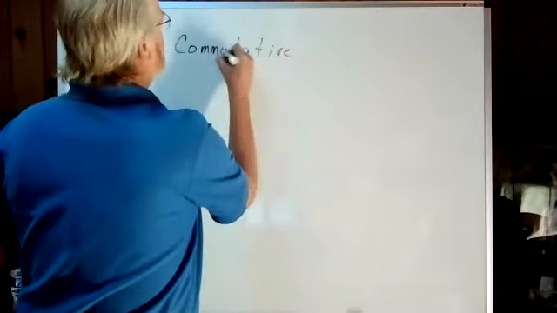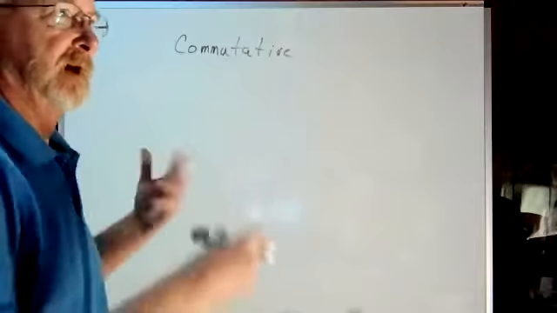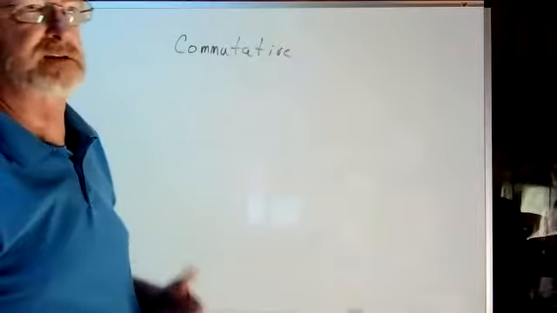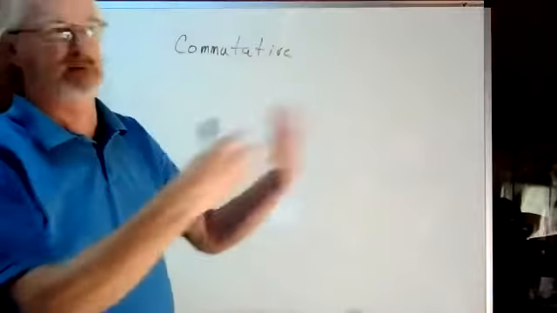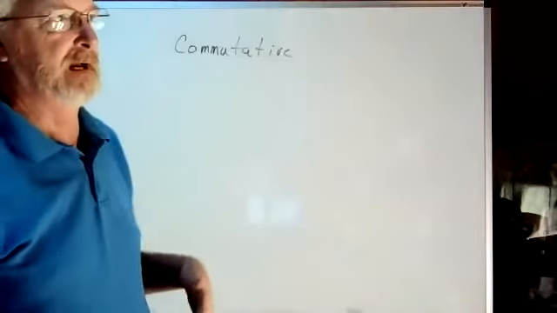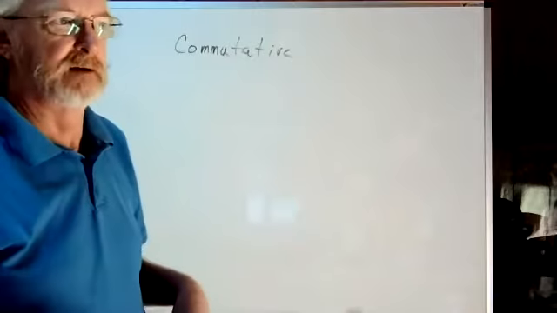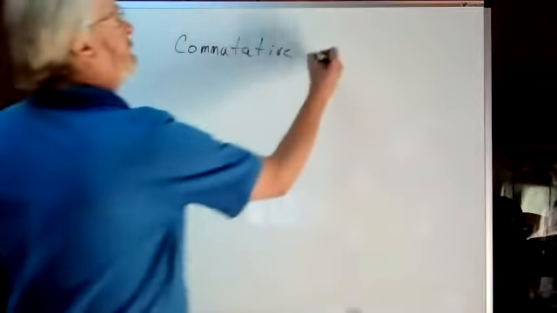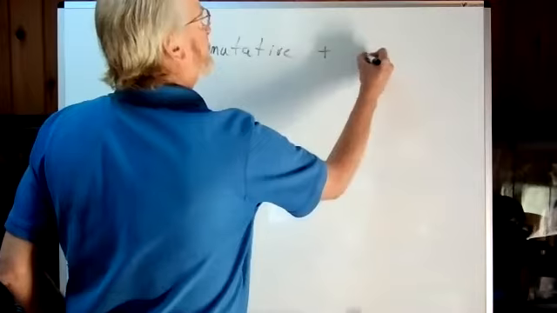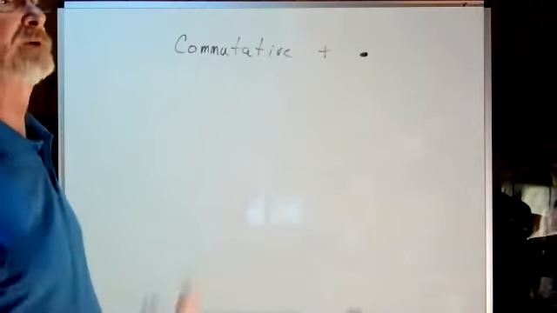The commutative property. And I try to come up with helpful concepts to help you keep these straight. When you're commuting, you change from one location to another. And this property is related to the position or location of values in an expression. And it applies to both addition and multiplication. These are considered commutative operations.